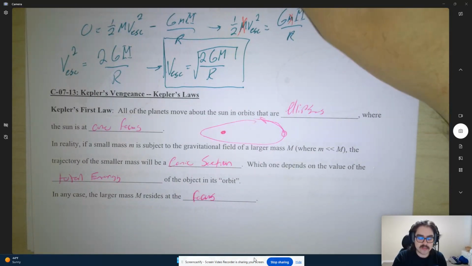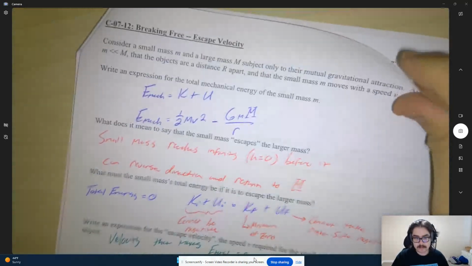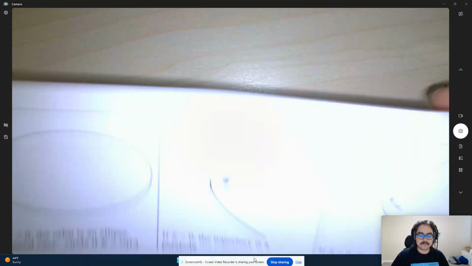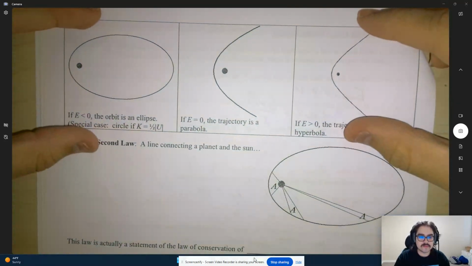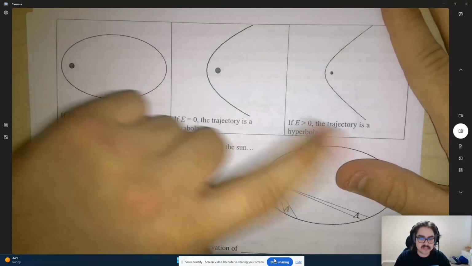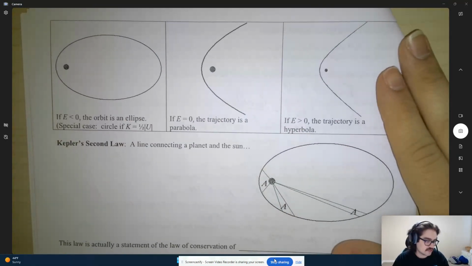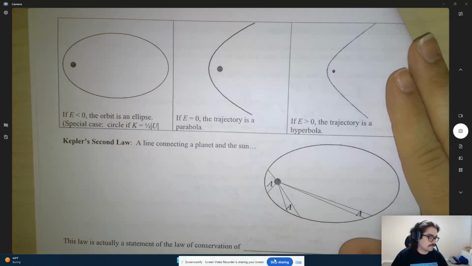When I was in high school, I did conic sections in pre-calculus, but I've never had to do conic sections a day in my life after that. So you can see these are just examples, right? If the total energy is these things, then this is what the conic section is going to be. You don't really need to know that, but that's just if you're curious, okay?